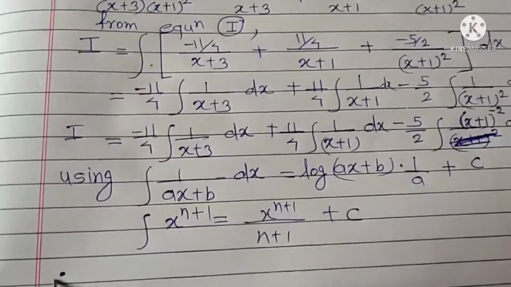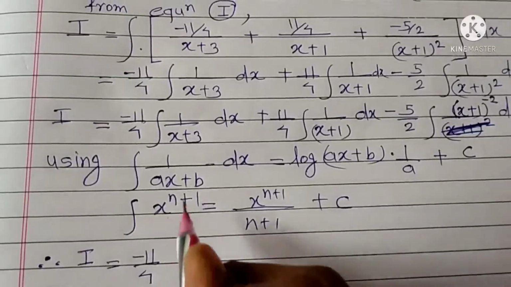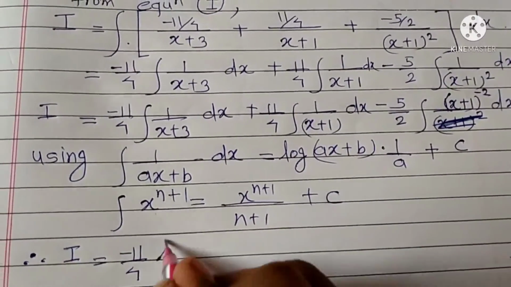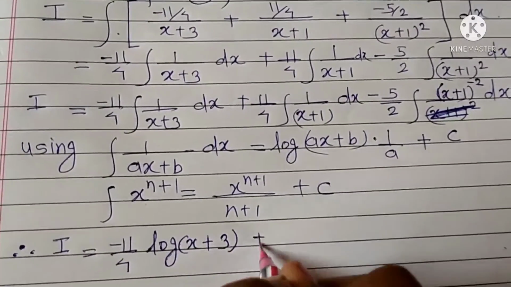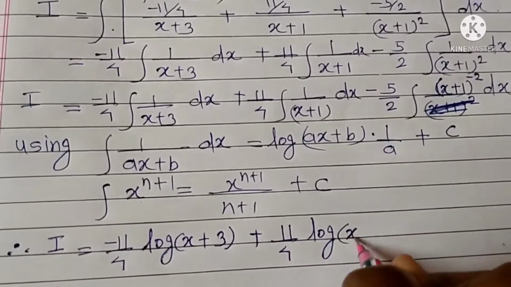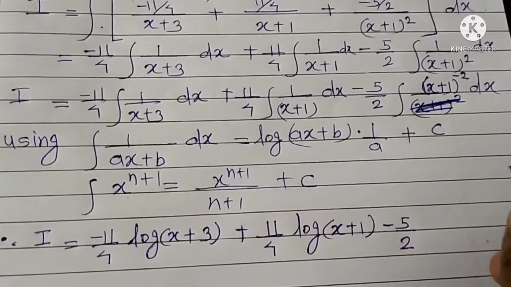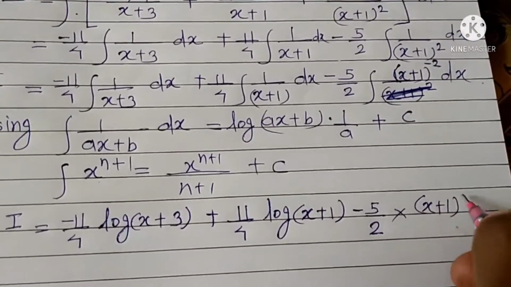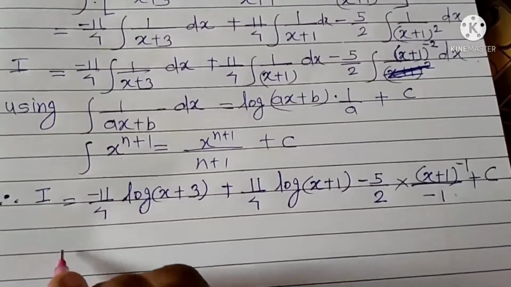So therefore I is equal to -11 by 4. Integration of 1 upon (x + 3) is log(x + 3), so it is log(x + 3) plus 11 by 4 log(x + 1) minus 5 upon 2, and here the rule is used: (x + 1) raised to -1 upon -1 plus c.